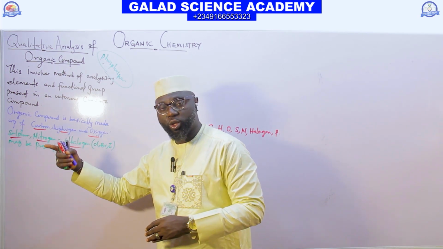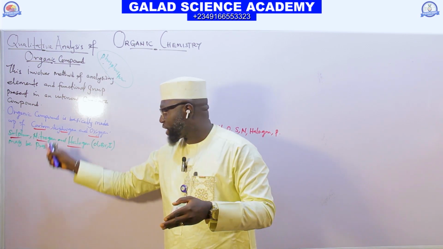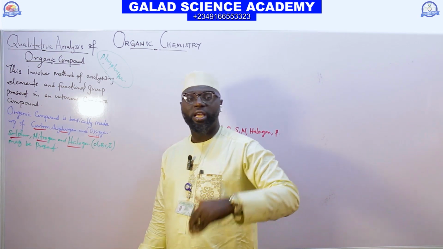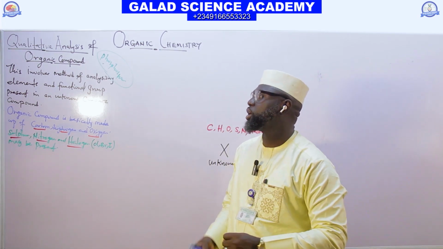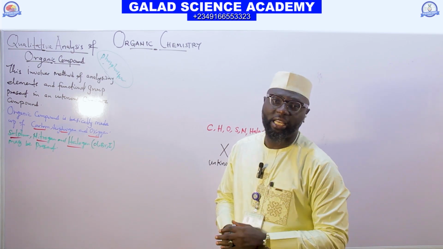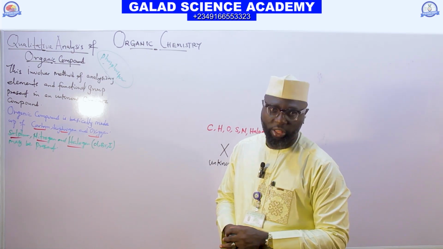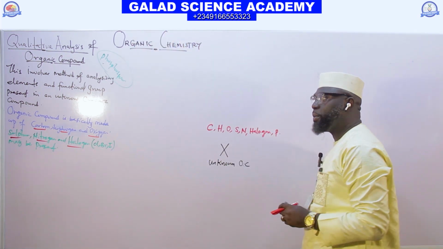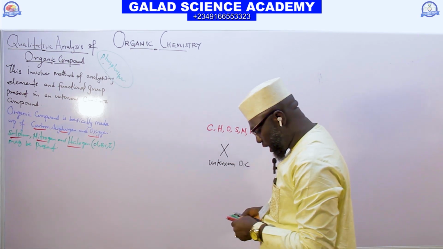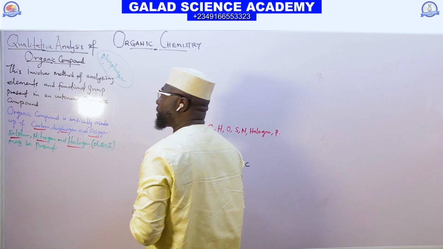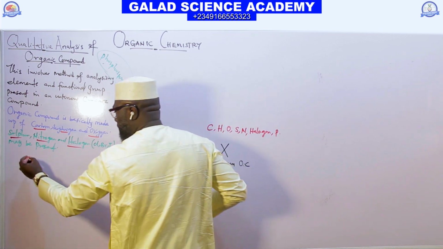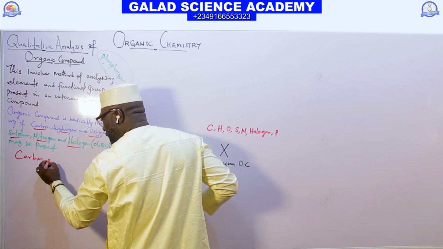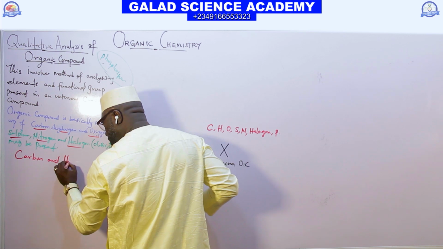But how are we going to identify the presence of carbon, hydrogen, sulfur, nitrogen, halogens in an organic compound? So let's take it one after the other. The first one is carbon and hydrogen, the presence of carbon and hydrogen.